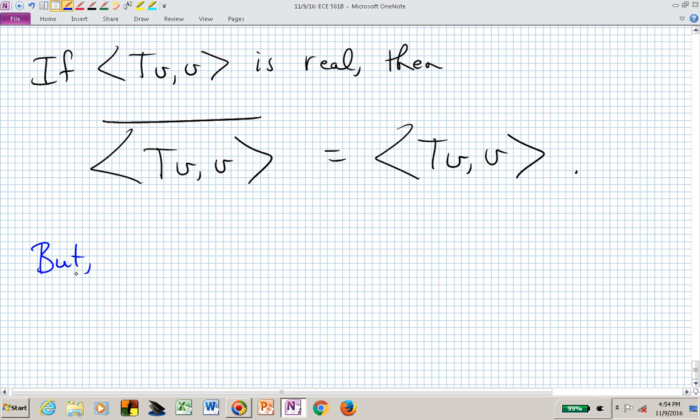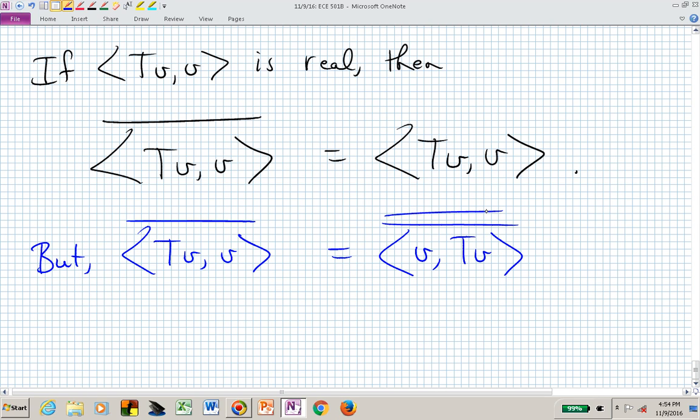But if I now look at <TV, V> as far as a complex conjugate, what happens if I conjugate that? Then I can interchange the vectors in the slots, right? So this is now equal to <V, TV>, the complex conjugate of the complex conjugate. But if I conjugate the conjugate, I'm back where I started. This is true because of the conjugate symmetry of the inner product.